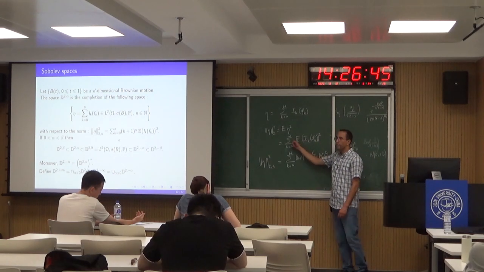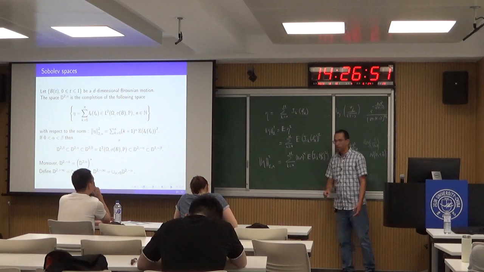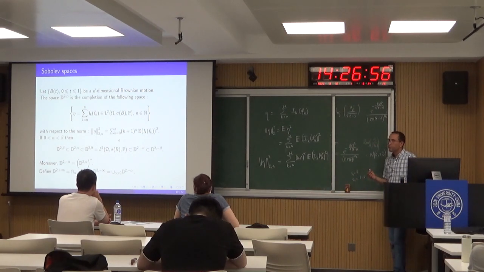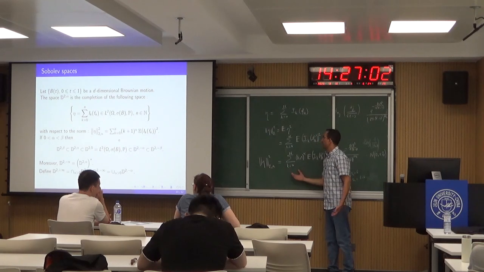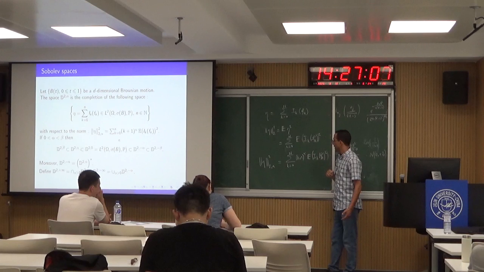So we modify the usual L2 norm by multiplying each term by k plus 1 to the power alpha. This is a well-defined norm in the set of all random variables of the following form.